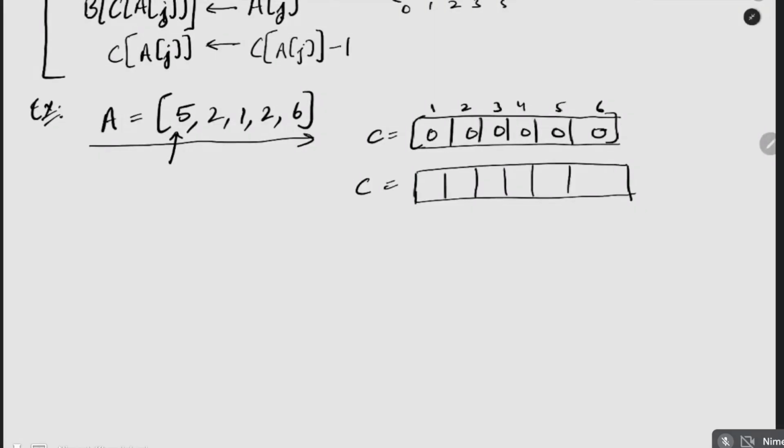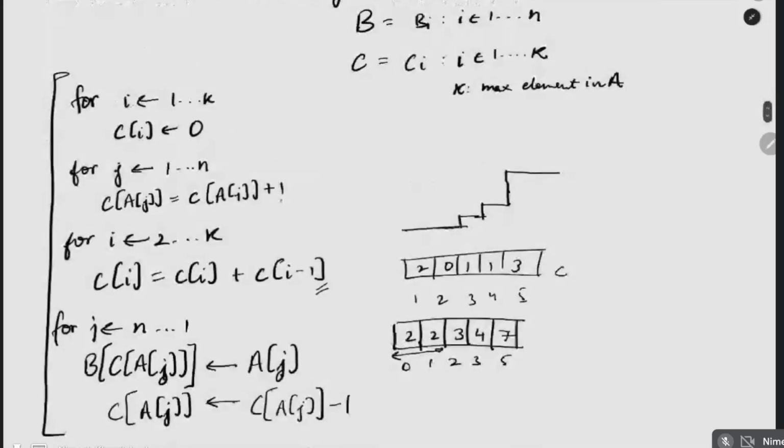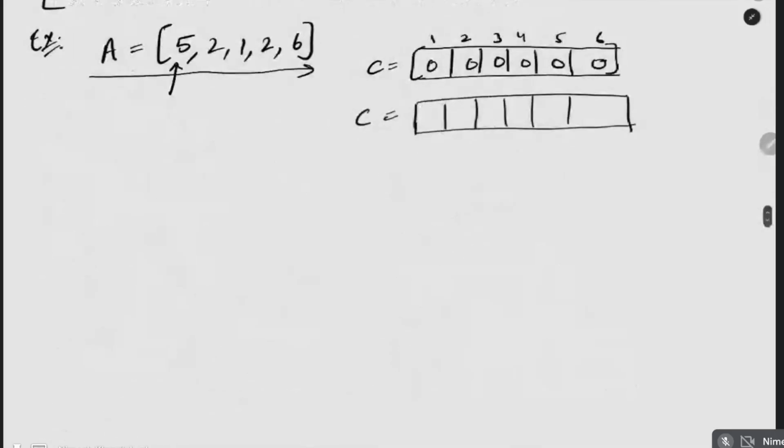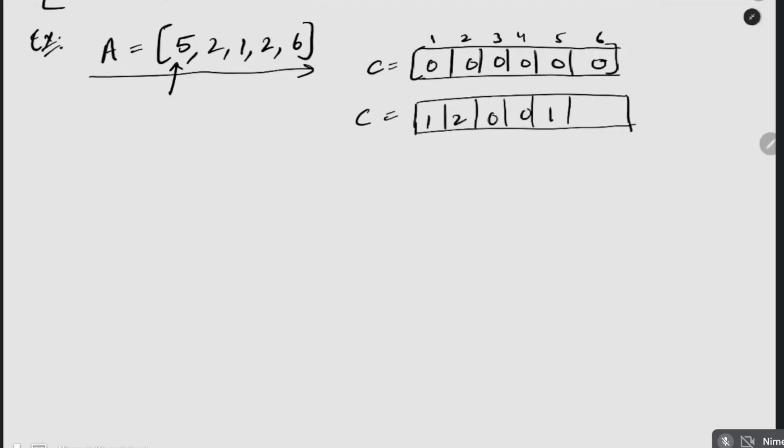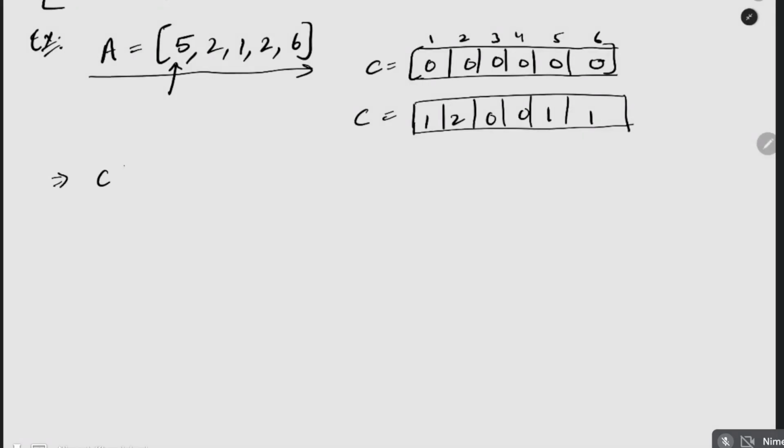So we are trying to do this, right? So at position 5, the value will be 1. At position 2, 2, 1, 0, 0, 1, right? And then followed by the step of accumulating C, right?